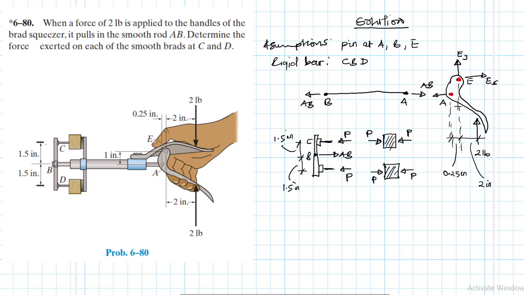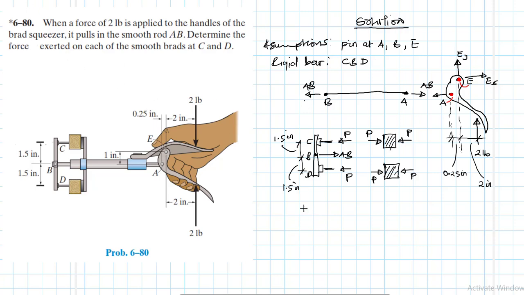So what we need to do is we're going to take moments, since we're interested in the force AB, at pin A. This is A, this is A here, and then this is E. We'll take moments quickly at pin E, summation of moments about pin E, so that we find a force AB, which later on will translate to the rod, then the rod to this rigid bar CBD. All right. So this is AB.